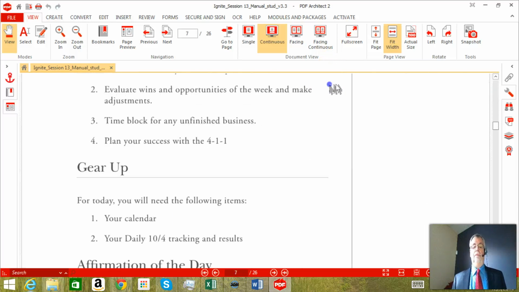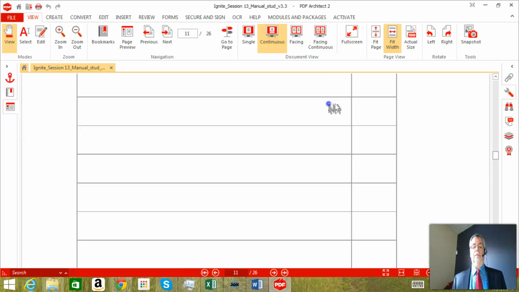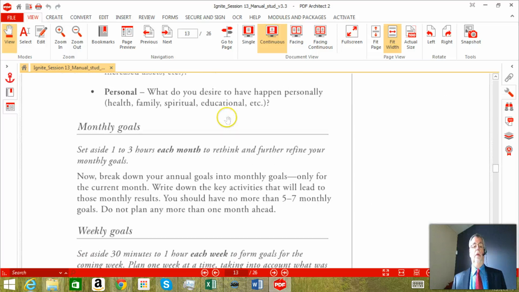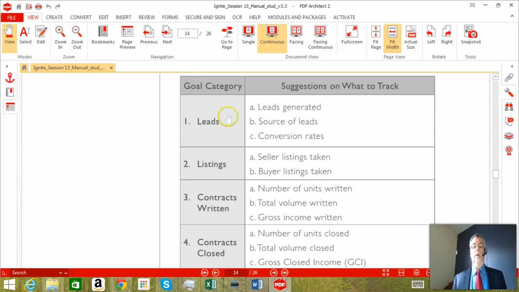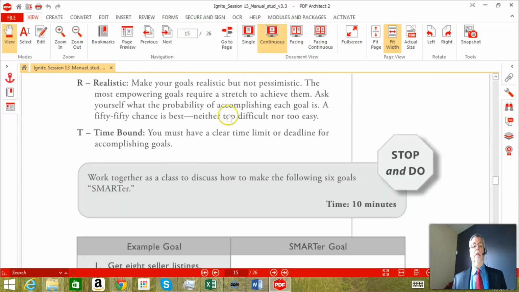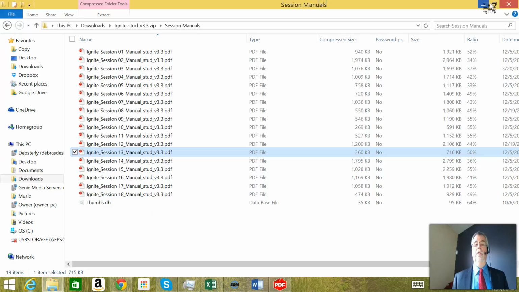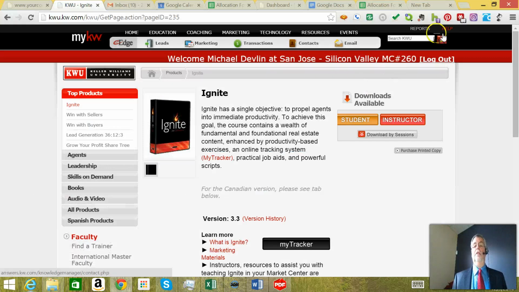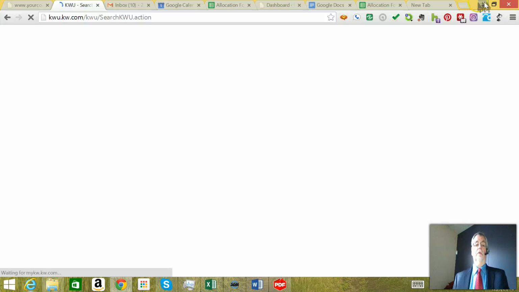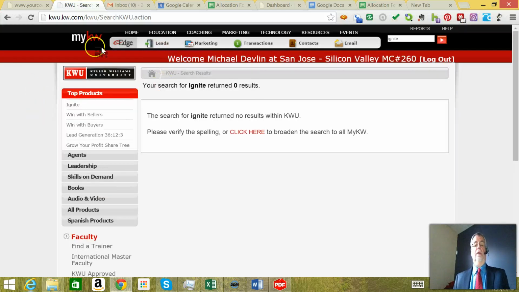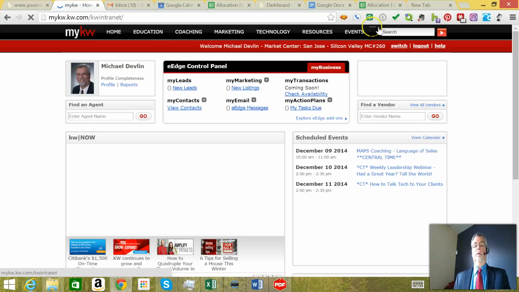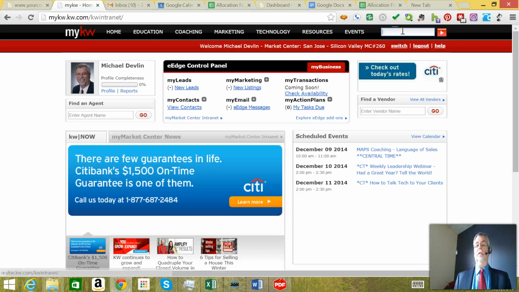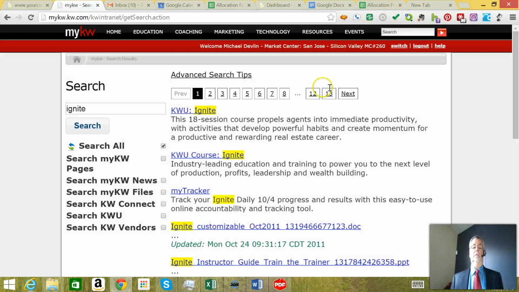Okay, so I just typed in Ignite, and the page I come up with just has a bunch of links. When I typed in Ignite, the first thing that came up is the link. The first link, KW Ignite.